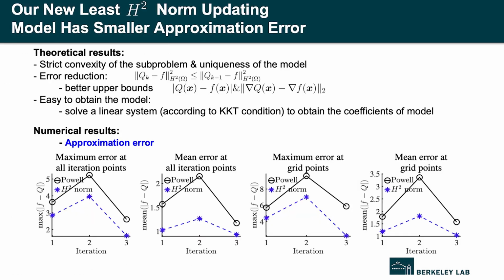It can be proved that our newly proposed model has smaller approximation error, both theoretically and numerically. We also get some other theoretical results, including that we prove the strict convexity of the subproblem, and hence we can get a unique model. Also, the model error is reducing during the iterations. And we also give an implementation-friendly formula to get the model based on the KKT conditions, which means we only need to solve a linear system.